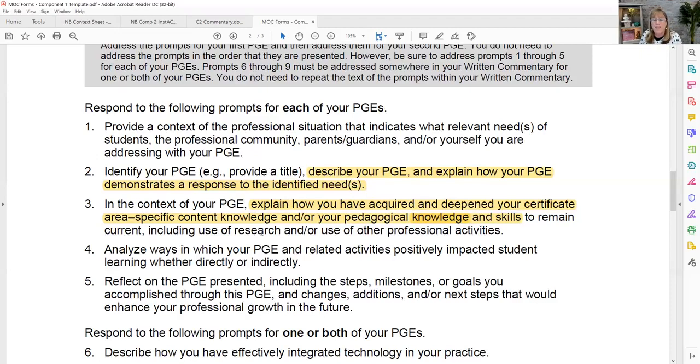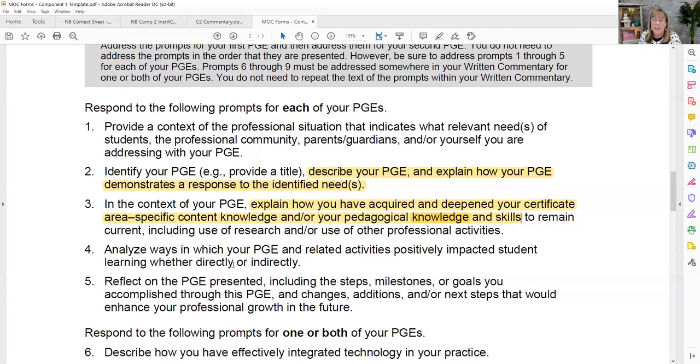These things could include that you've done self-study, that you've gone to PD, professional development workshops, webinars, you've learned from someone else, you've observed someone else, or you've been a leader possibly. I acquire and deepen my knowledge all the time just by coaching many of you. So that is really a loaded question that should be embedded down in the description of your PGE.